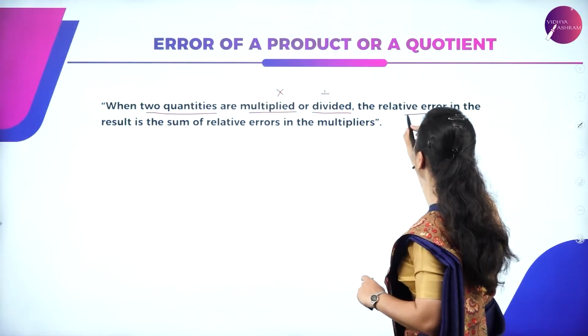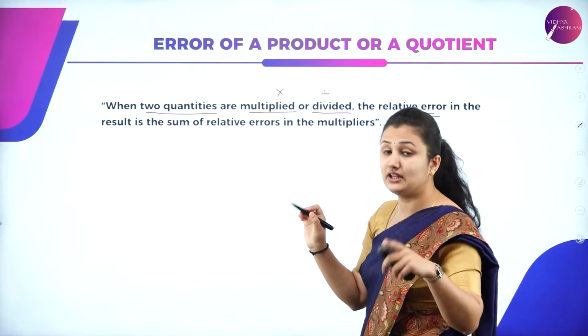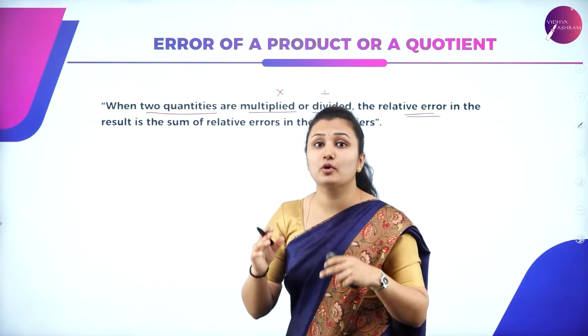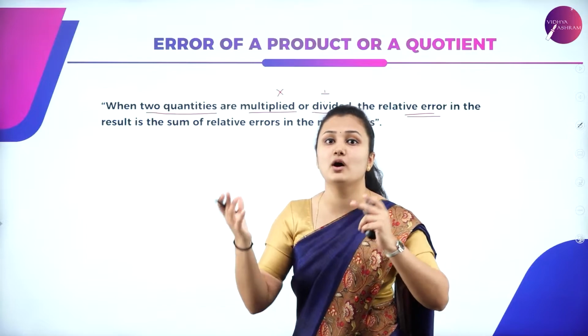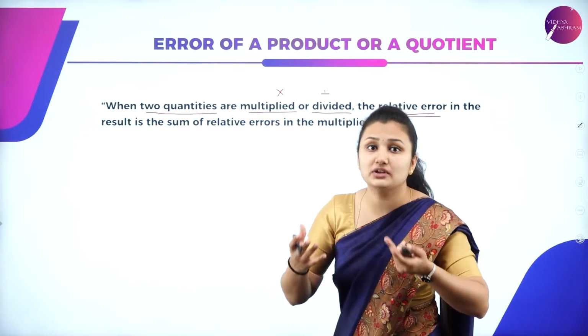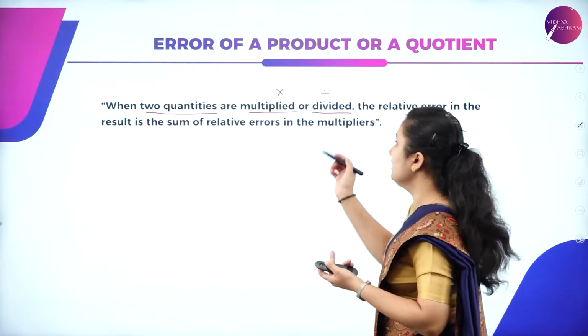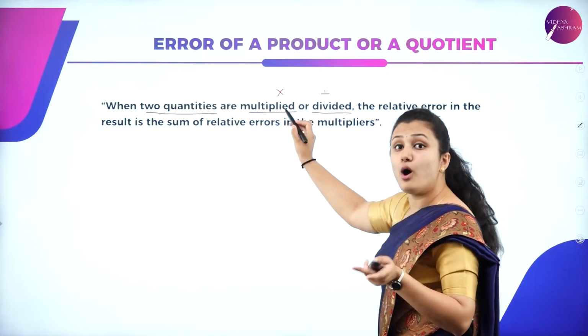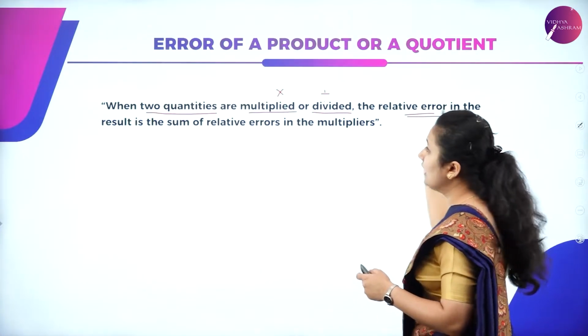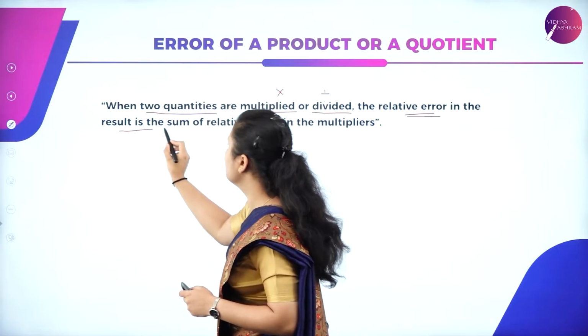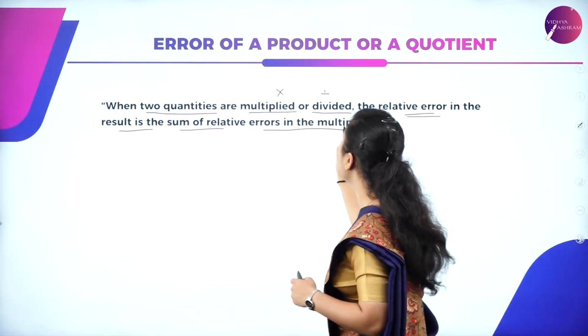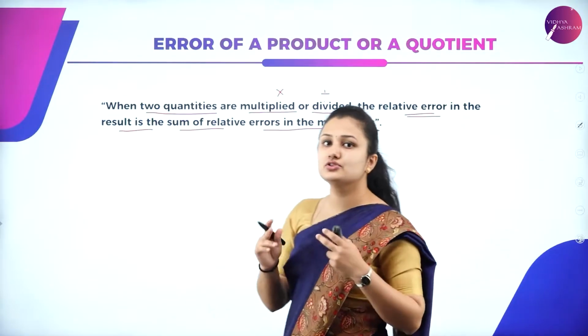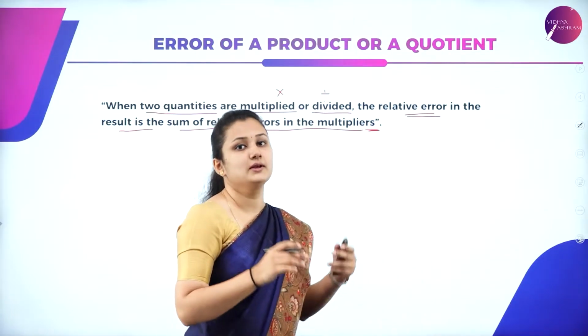The relative error. Listen carefully. In rule 1, we were talking about the absolute error in the final result for the sum or the difference. Here, for multiplication or division, the relative error in the result is the sum of relative errors in the multipliers, that is, the two individual quantities.